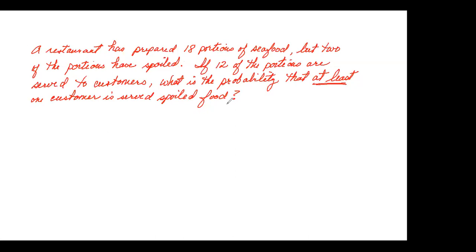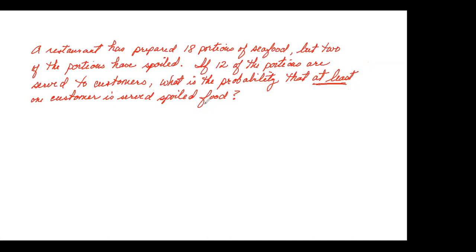Okay, now in this case, when one portion gets served to somebody, that affects how many portions are left, and it changes the odds depending on whether that one was spoiled or not. It changes the odds on whether or not there's still one left to choose from or two left to choose from. And since they're saying at least one customer, we would have to calculate the likelihood that one customer was served spoiled food.